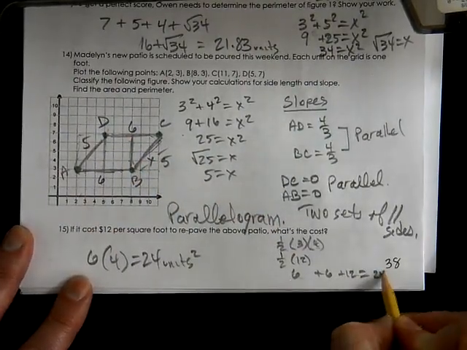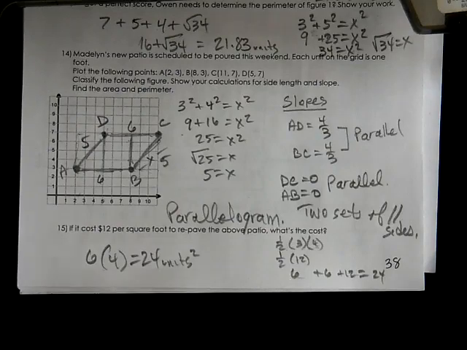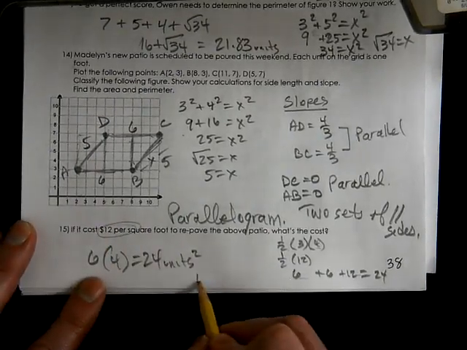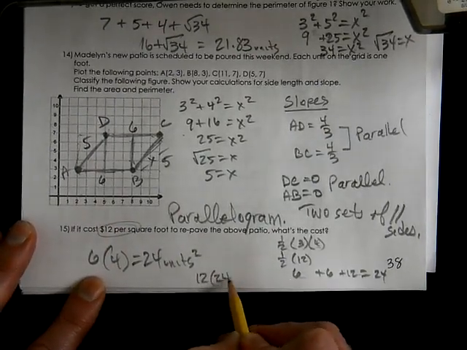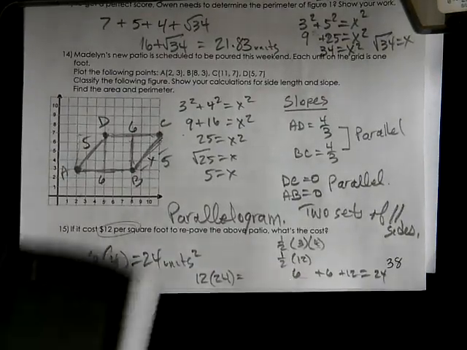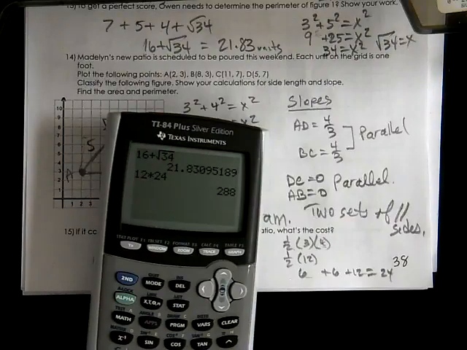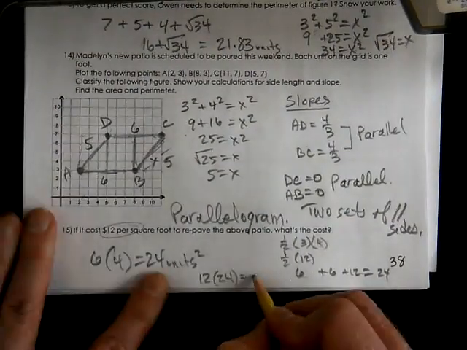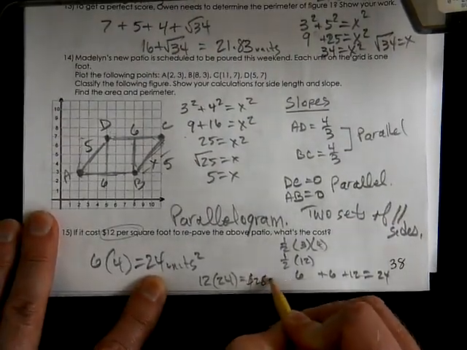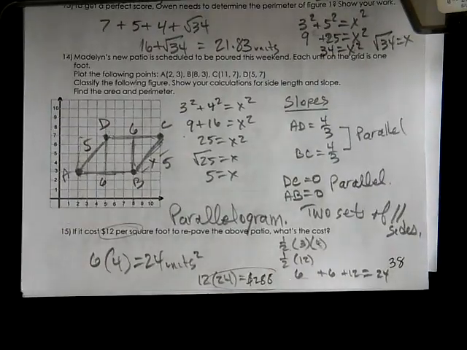That's a total of 24. So to answer our question, we are $12 for all 24 square feet. We get 288. Two different ways to calculate that. Good luck.